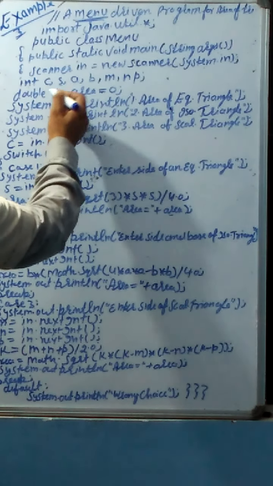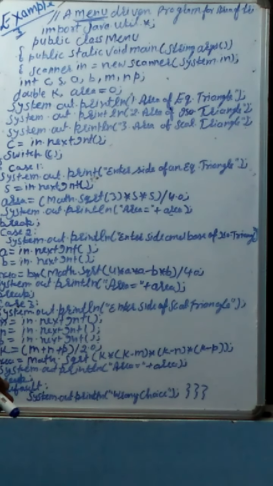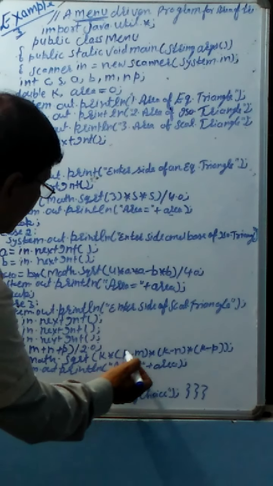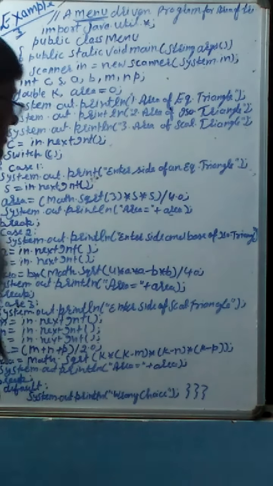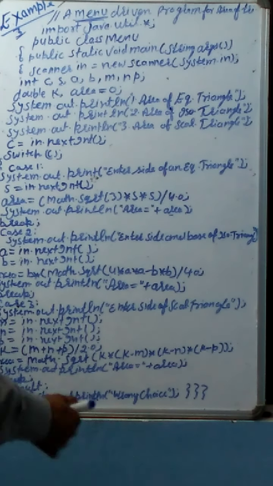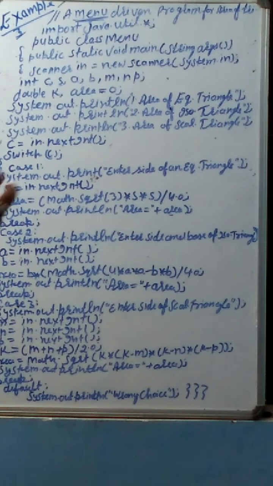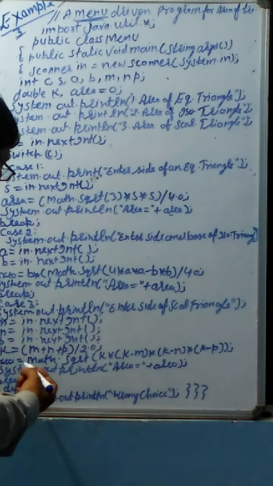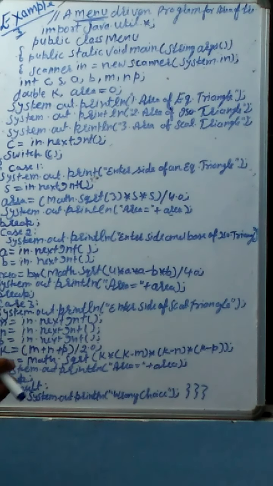This value will be stored inside this formula. Area is equal to Math.sqrt(k * (k - m) * (k - n) * (k - p)). In your book it is given as s, but we have used k here, no problem. You can take any variable, I have already told you. After the calculation it will display the answer: System.out.println the area of the scalene triangle, and then the program will break.